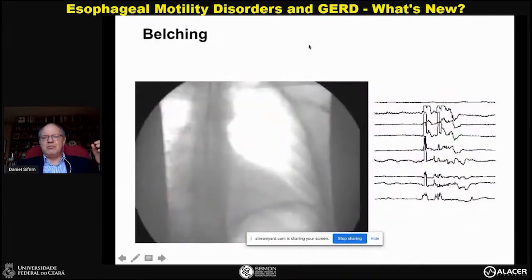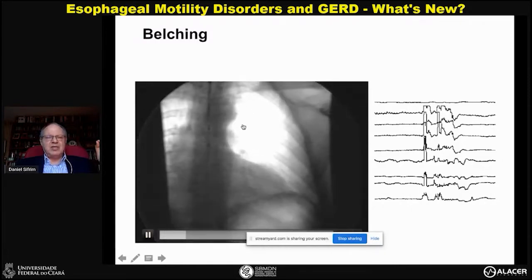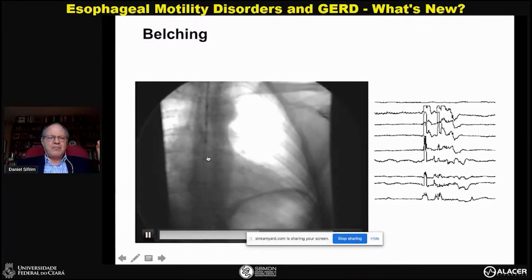Now let's talk about belching. This video is not very easy to see, but you can see that there is a catheter inside, and the catheter is surrounded by a relatively dark environment. If I run the video, you will see that at a certain moment it becomes white. Now, you see that the environment becomes white.